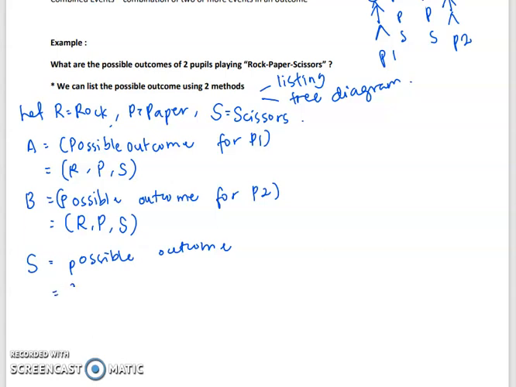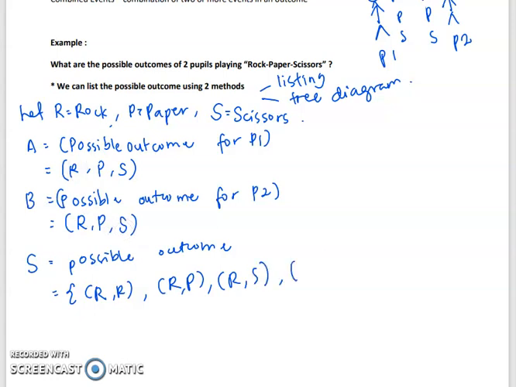Let's see. If let's say pupil 1 shows rock, pupil 2 could also show rock. Pupil 1 could show rock, pupil 2 could show paper. Pupil 1 could show rock, pupil 2 could show scissors.